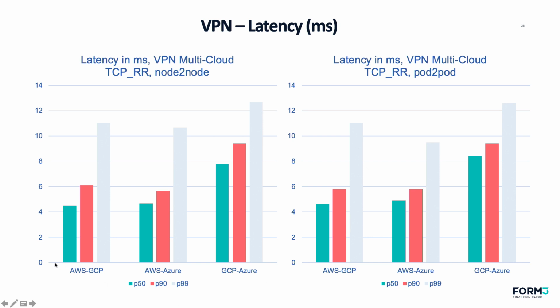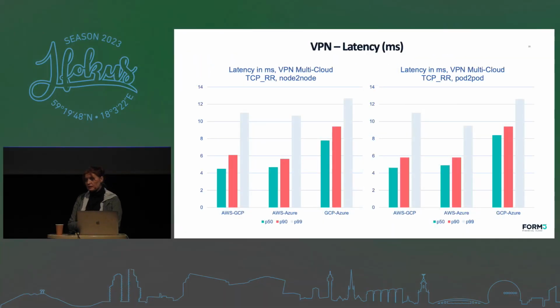And the results we have for VPN, as this was based on Kubernetes clusters, we have node-to-node connectivity as well as pod-to-pod connectivity to verify whether Kubernetes networking adds extra latency to our numbers. For VPN connectivity, you don't see a significant difference between node-to-node and pod-to-pod.